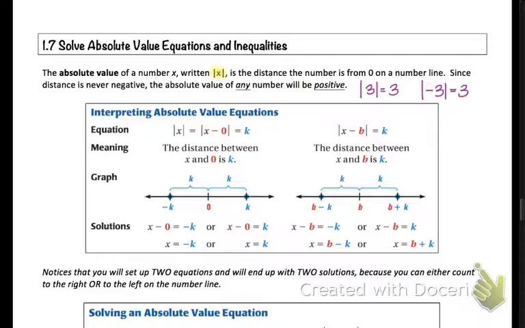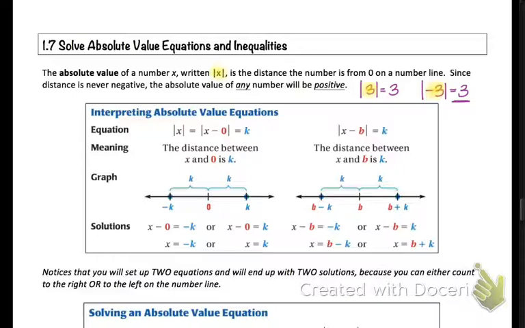Similarly, -3 is also 3 spaces away from 0. Even though we're counting to the left, we don't consider distance to be negative, which is why the absolute value of -3 is also +3. What's really important to notice here is both +3 and -3 have an absolute value of +3.